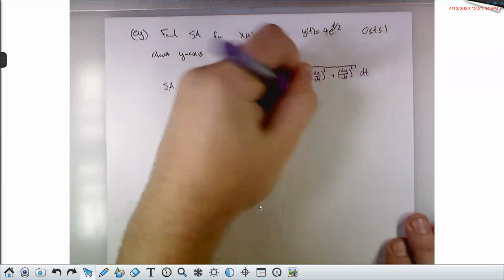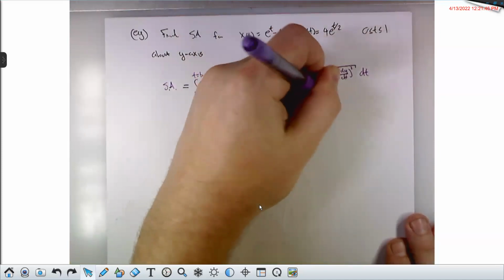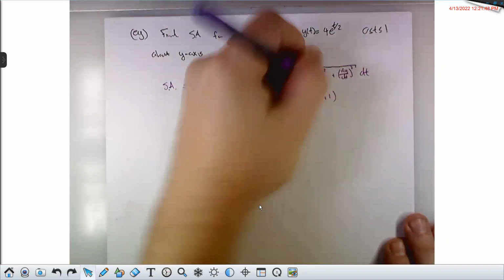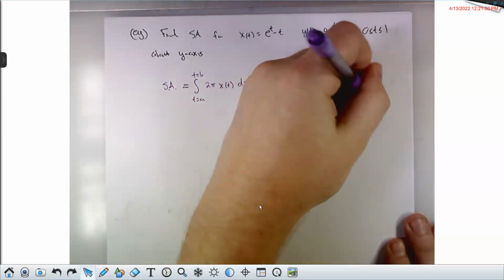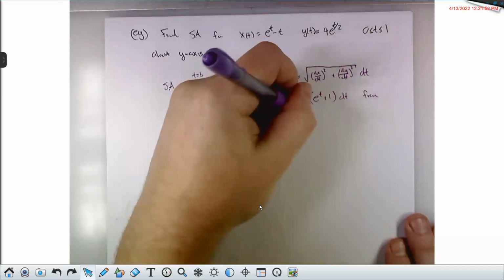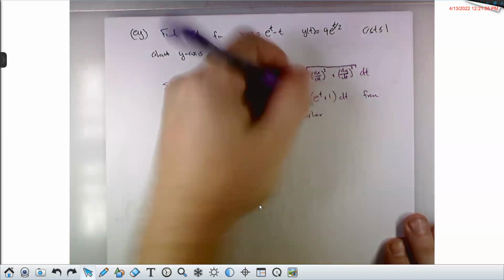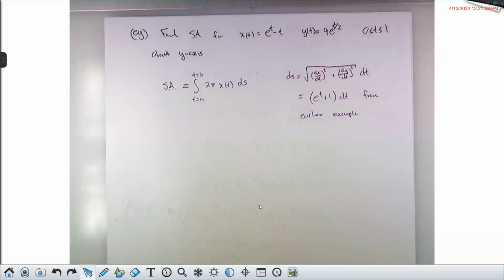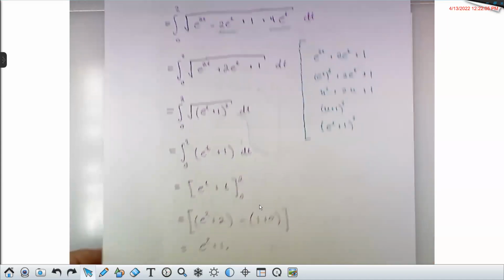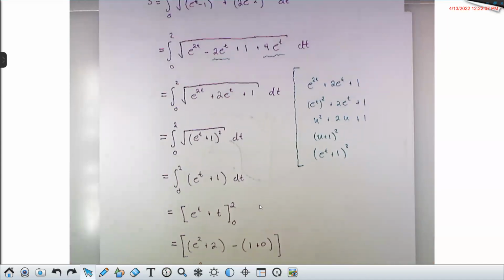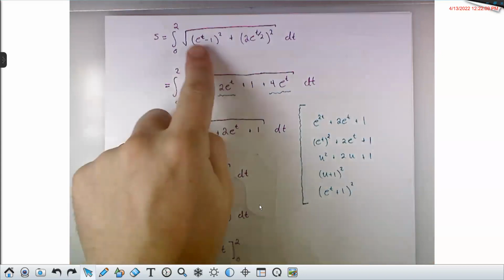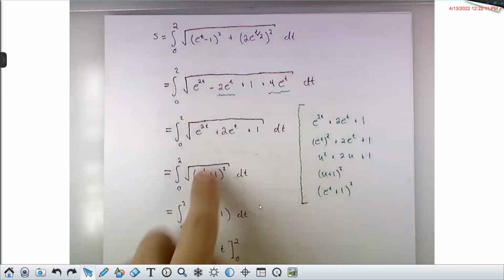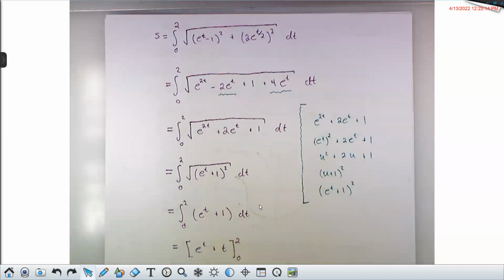And earlier when we did this, we got e to the t plus 1 dt from our earlier example. All right, where is that? Here. Earlier here, we were able to simplify the dx dt squared plus dy dt squared and get this.